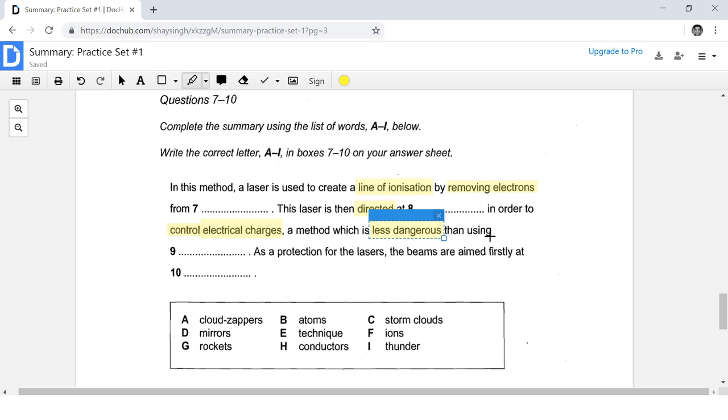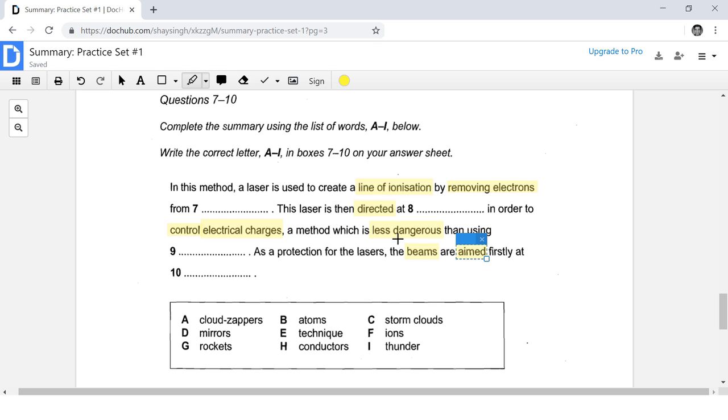Less dangerous than using what? That's going to be another noun. As a protection for the lasers, the beams are aimed first. Okay, beams, that's a good keyword. Aimed firstly at something. Again, going to be a noun right there.